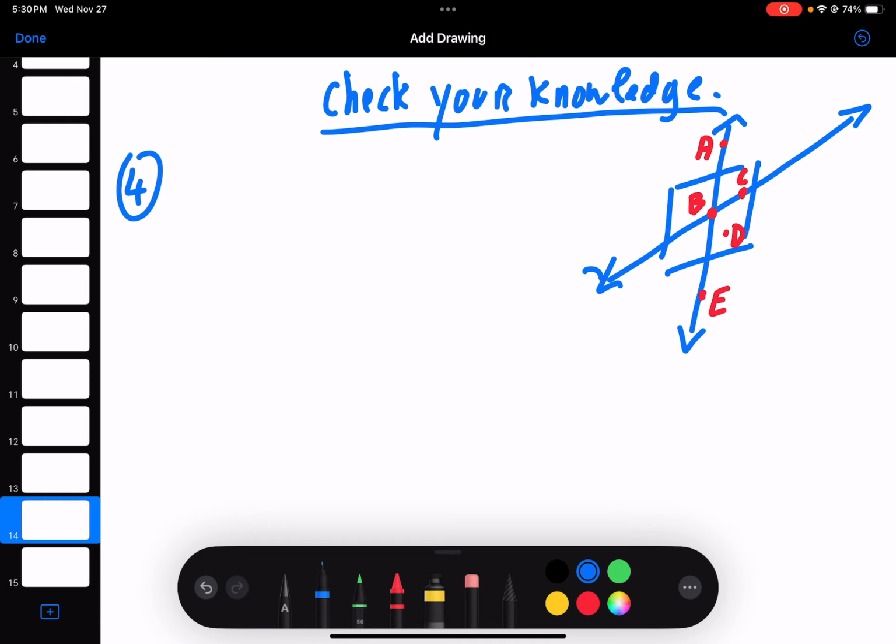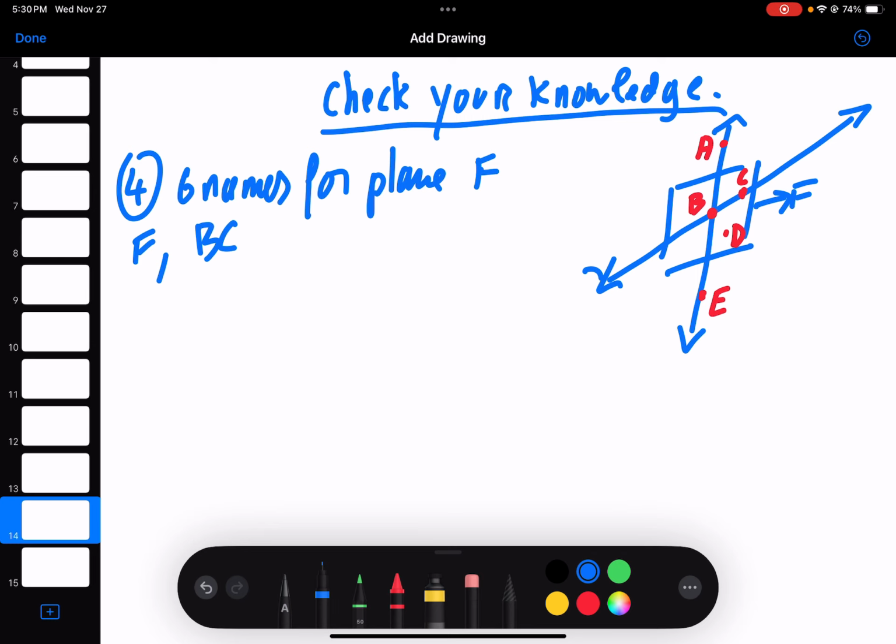Okay, 6 names for plane F, right? So, of course, we have F, that's 1. I forgot to write F, but we'll call this plane F, I'm sorry. So we could call it BCD, right?